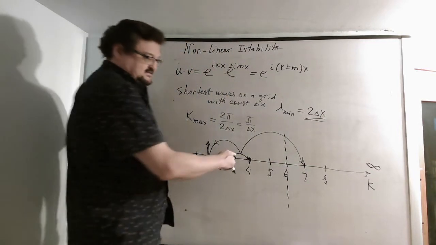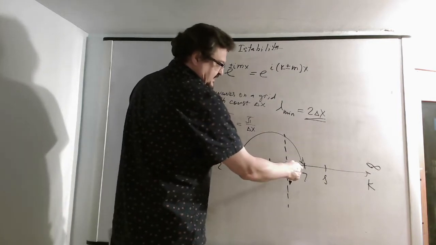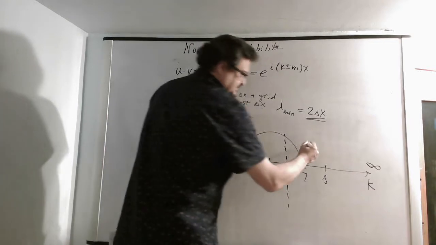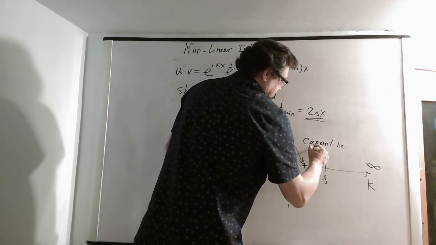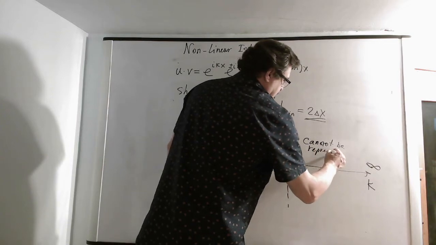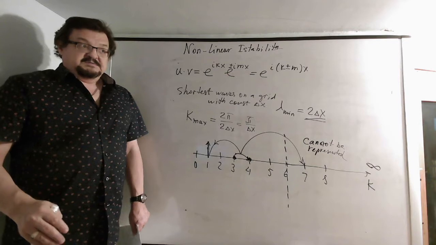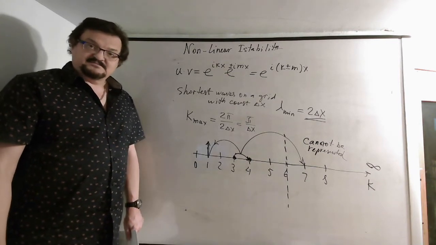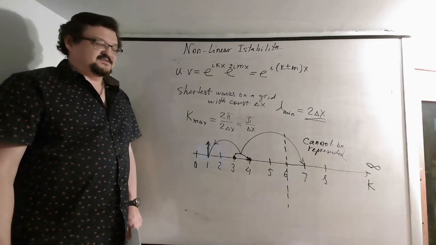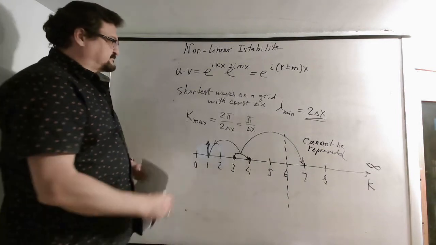Does it mean that if those two waves interact, they create wave number 7, which cannot be represented on this grid? Does it mean that they just disappear? No, apparently it's not. And it is an interesting phenomenon. It's called wave aliasing.